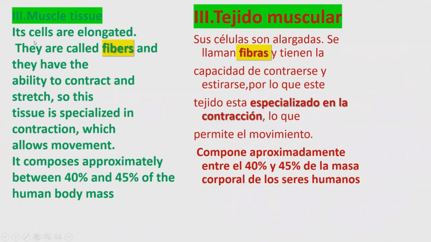Muscle tissue. Its cells are elongated and they are called fibers.